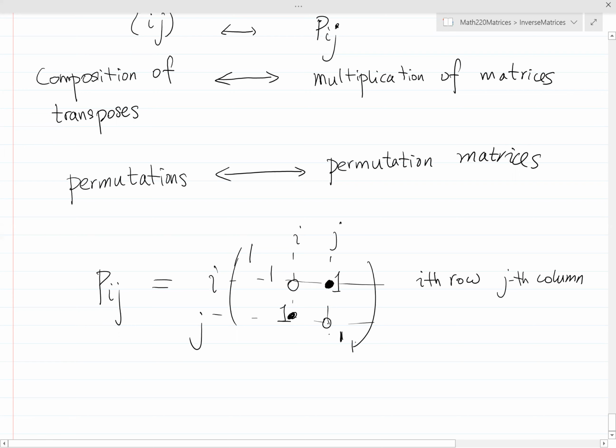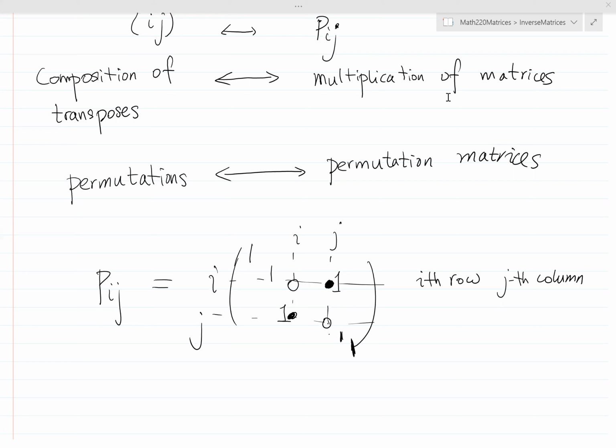You can check this using the coordinate form. This is the matrix representation of the transposition.